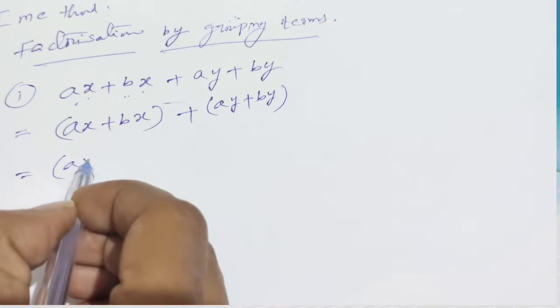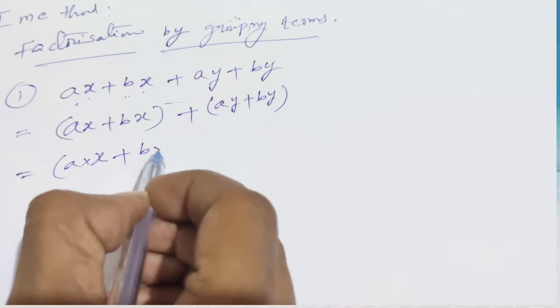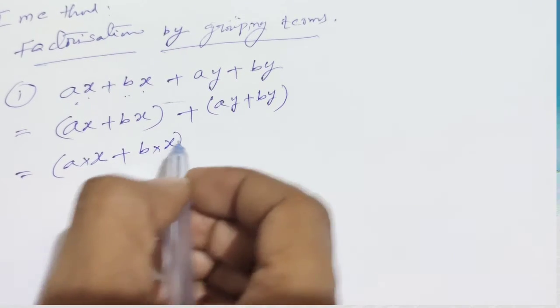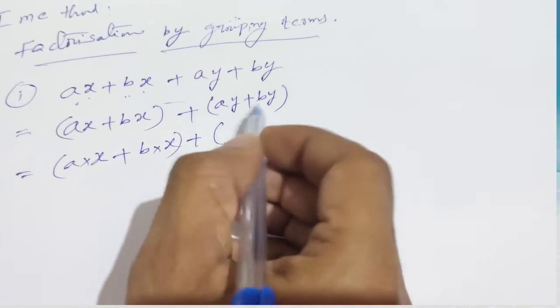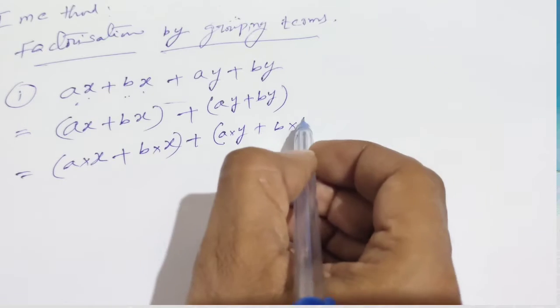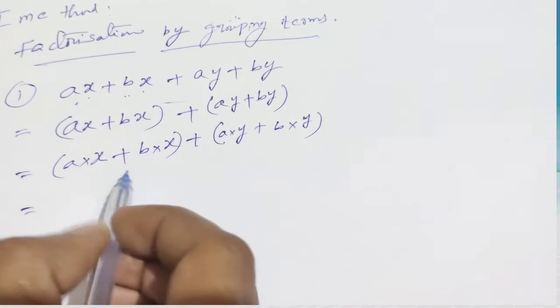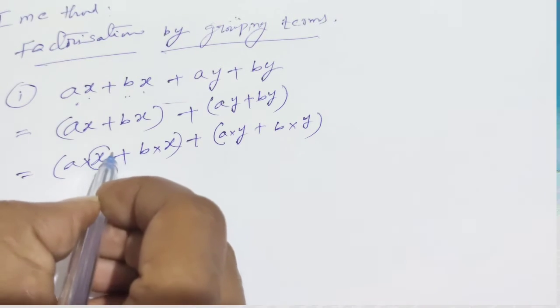By the procedure, we can write it as a into x plus b into x, plus a into y plus b into y. Now round up the common factors.